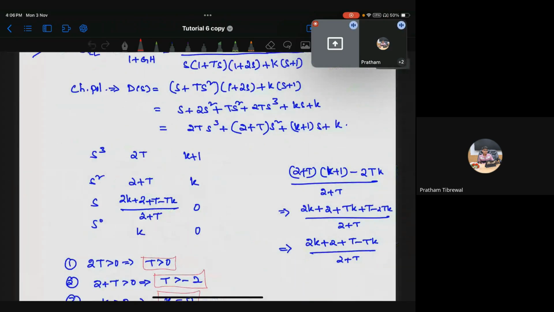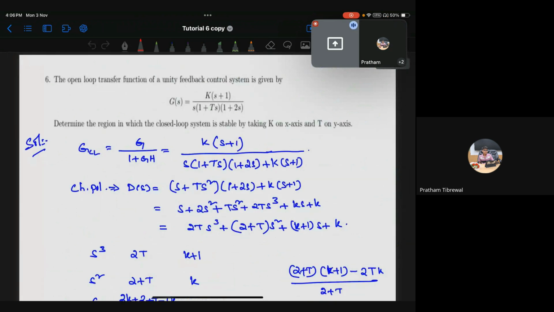So that is another kind of problem, and this is a similar way. We have an open loop transfer function with unity feedback. Now here we have two unknowns, k and T. Again we need to find the region where the closed loop system becomes stable.